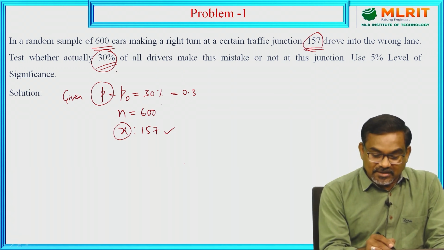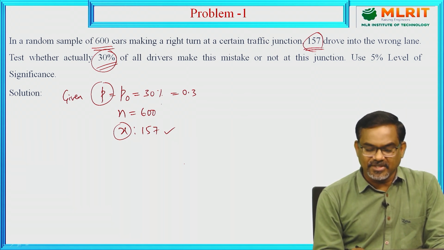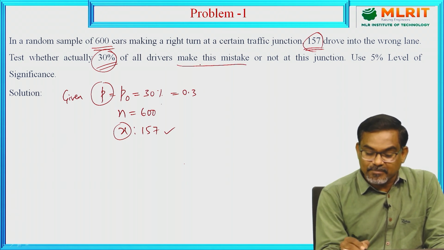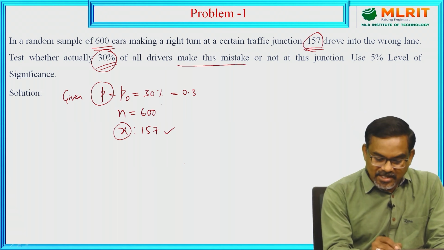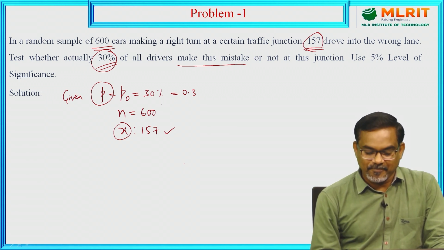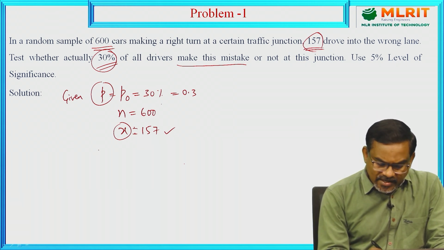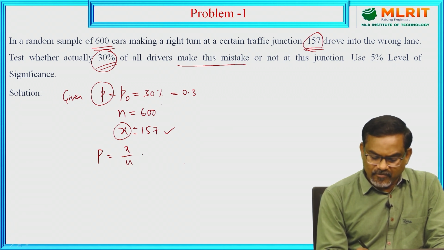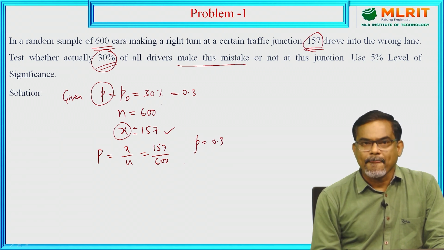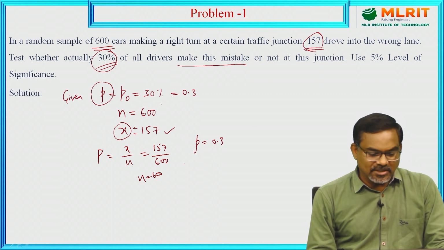So, here out of 600 cars, 157 drove into the wrong lane. So, x is 157, and we need to check whether 30% of all drivers make the same mistake or not. So, this 30% is also about the number of drivers who committed the same mistake. That's why I can consider x as 157. So I can calculate capital P, x by n, 157 out of 600, and small p is given 0.3, then n equal to 600. So this is the given data, and now the test is as follows.